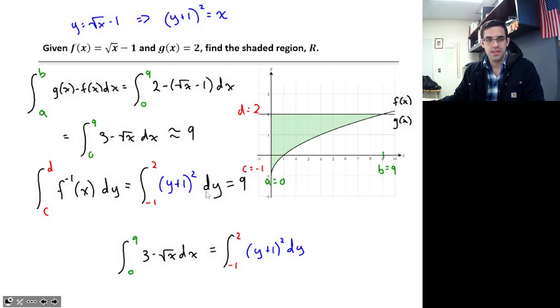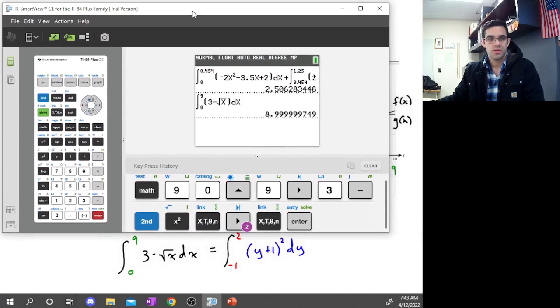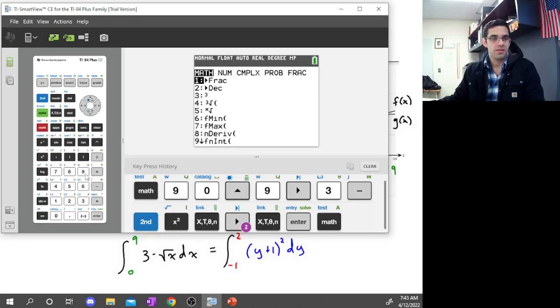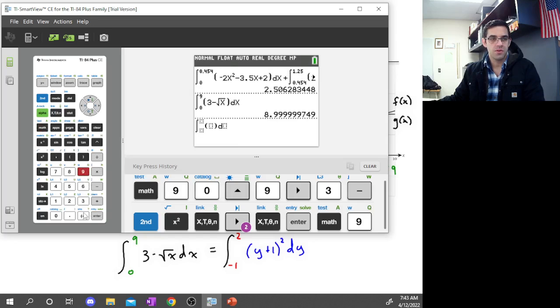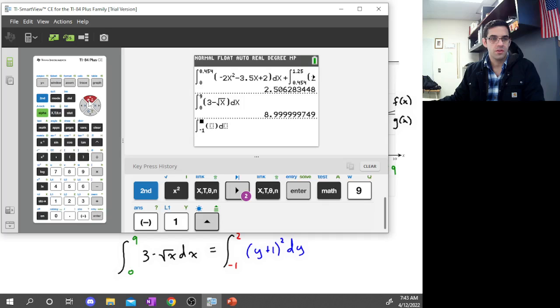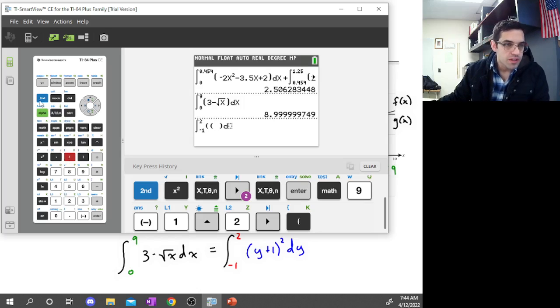So let's take a look at this in our calculator. And it works just like you think it would. We would just put in y for our variables instead of x. So math 9, we're going from negative 1 to 2. Our function is quantity, let's see here, we're going to hit the y button here.